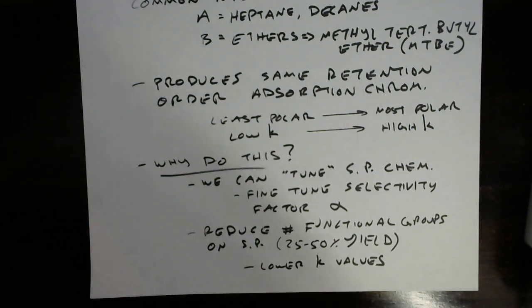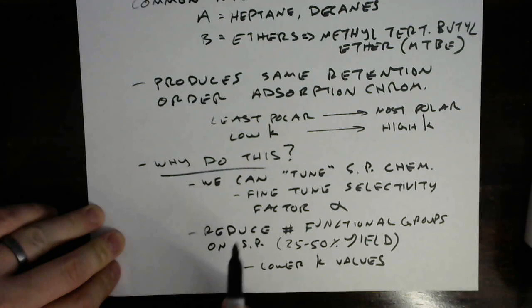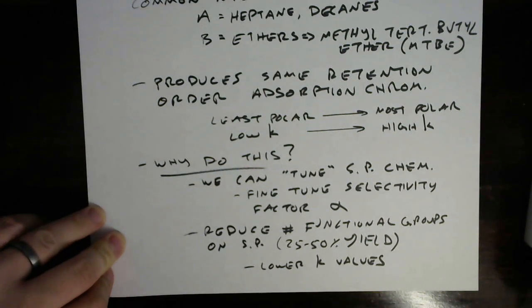And those are the two key things that give us what we are looking for out of these separations. So by reducing these overall k values, by reducing the number of functional groups and essentially making them lower energy interactions, we get a benefit over adsorption chromatography by using these bonded phases in normal phase liquid chromatography.